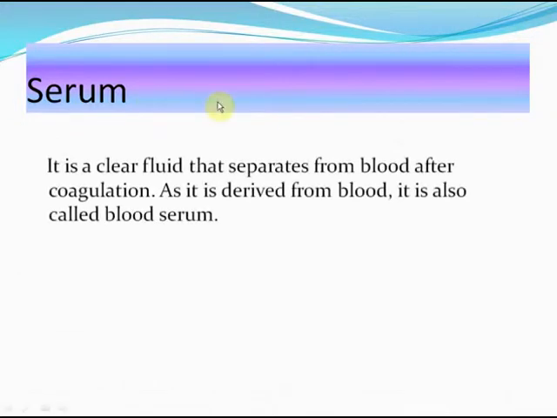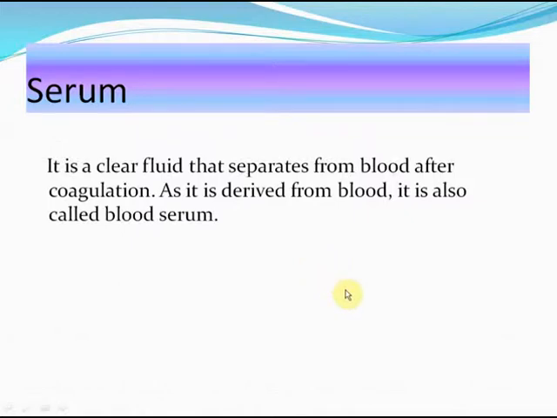Now, serum. What is serum? It is a clear fluid that separates from blood after coagulation. As it is derived from blood, it is called blood serum. In blood, the serum is a component that is neither a blood cell nor a clotting factor.